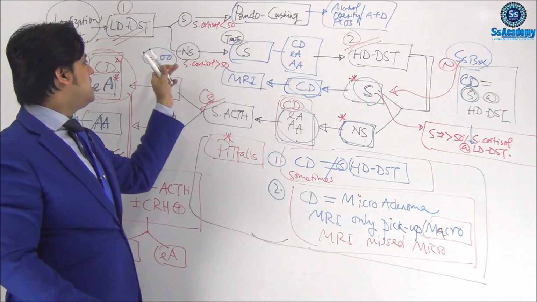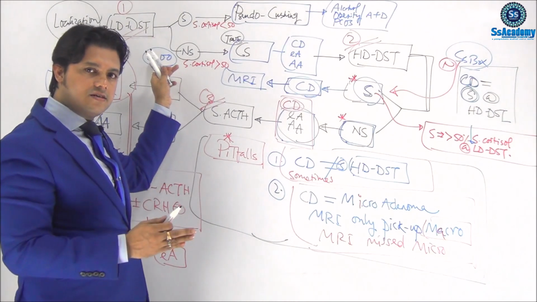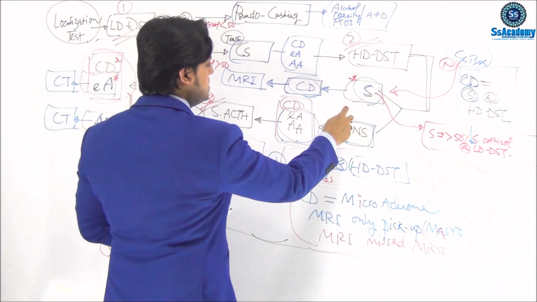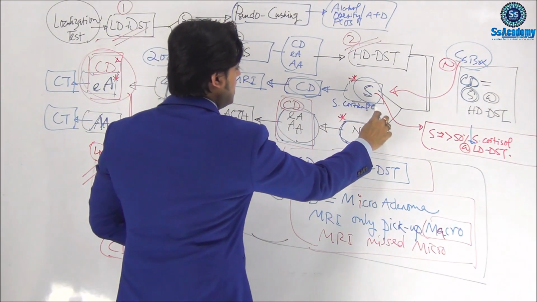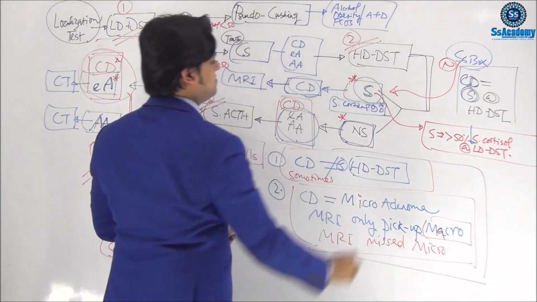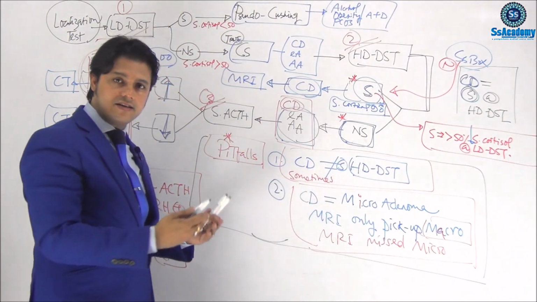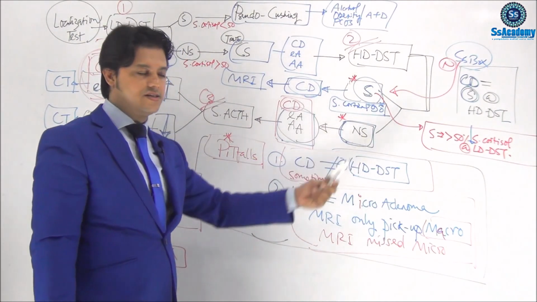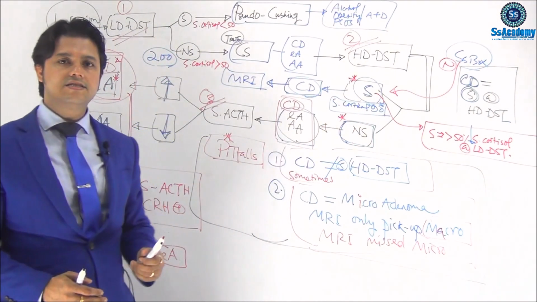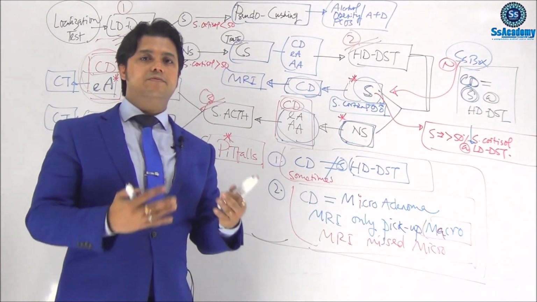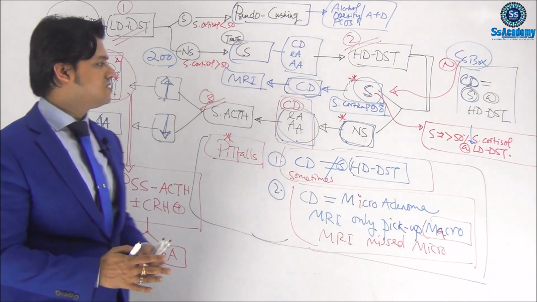The LDDST amount is 200, so half of this is 100. Less than 100, for example 90, means suppressed. If it is more than 100, say 120 or 110 or 200, this is called not suppressed. I said the HDDST suppression means greater than half of the amount that you found at the LDDST. That is called suppression. Very simple.